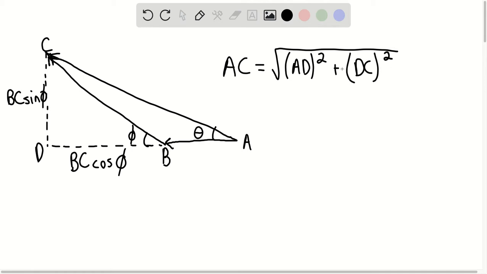And we know that the value of AD is equal to AB plus BD, or in this case, BC cosine of phi.